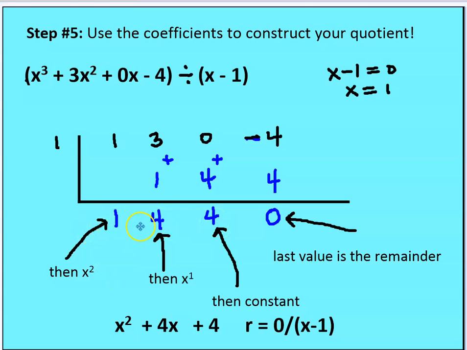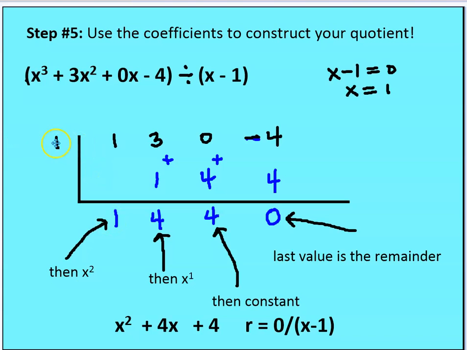First it's x squared, then it's x to the power of 1, then it's the constant. And then the last value is the remainder. Okay? So you can go increasing, if this is 0, constant, x to the first, x squared, and so on for whatever values you have remaining. This value represents your quotient on the bottom.